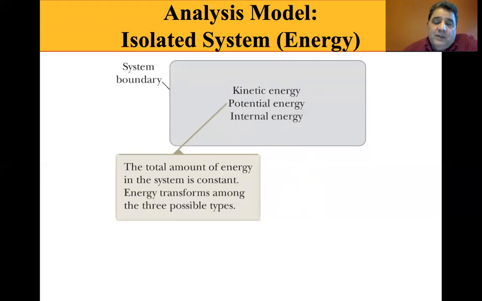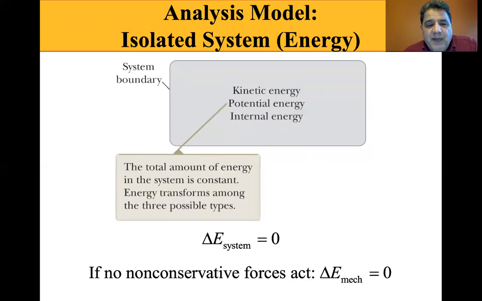Internal energy could be something like heat, like we talked about with the block and the surface. If that's the system, the internal energy of the surface and of the block are going to increase, but they're internal to the system. We define it as the block-surface system, and so the change in the mechanical energy of the system is equal to 0. It all stays within the system boundary.